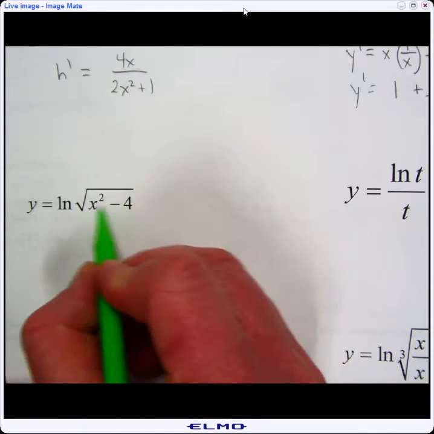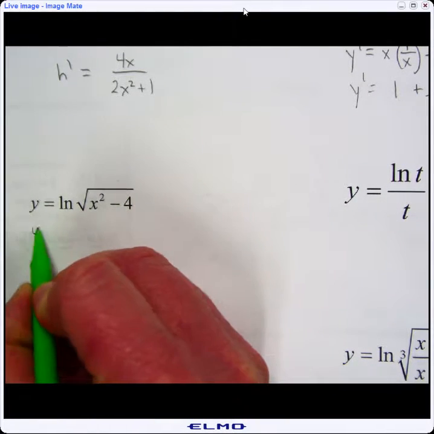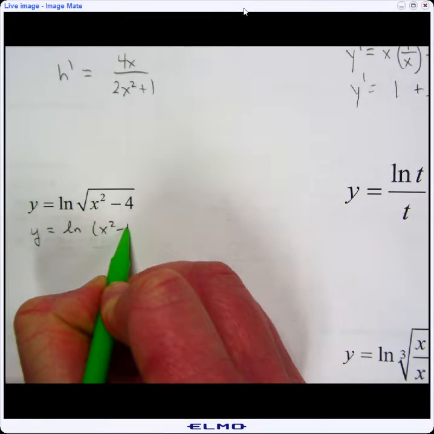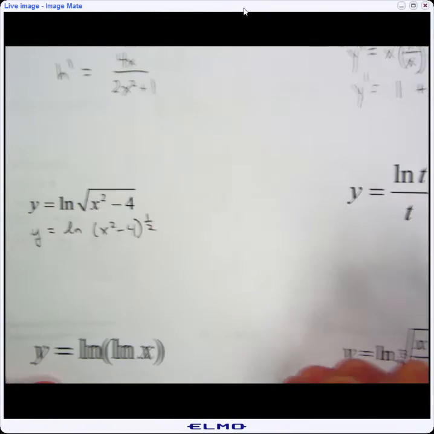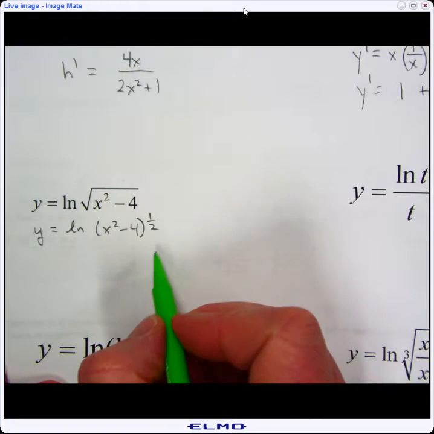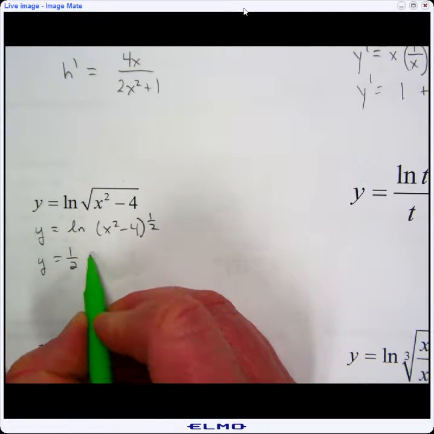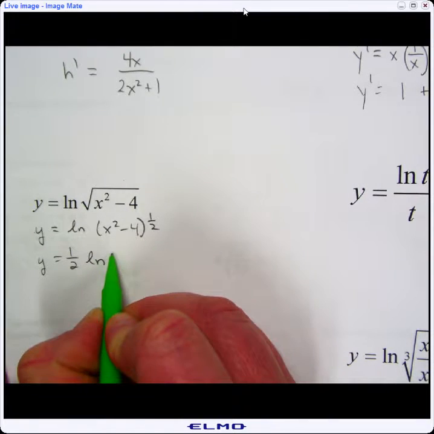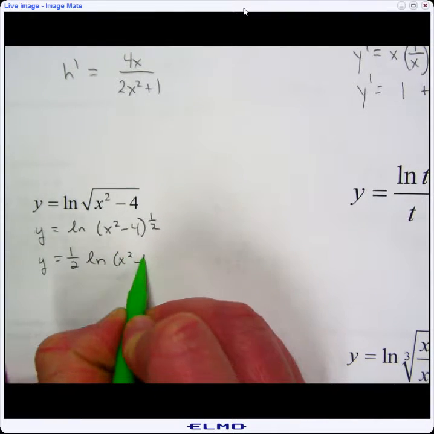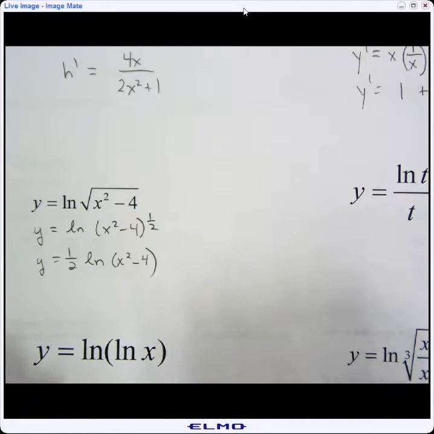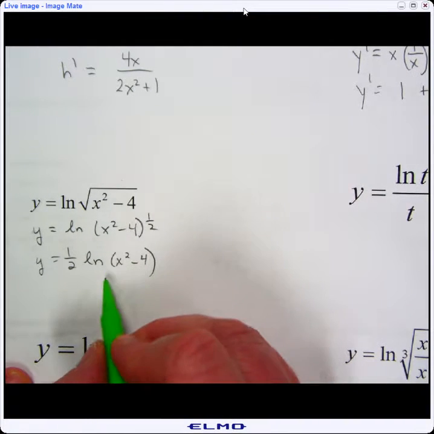Natural log of x squared minus 4. It'd be helpful to rewrite as x squared minus 4 to the 1/2 first, and then change the log. You don't have to. It just makes the problem a lot easier. So now I can do my derivative.